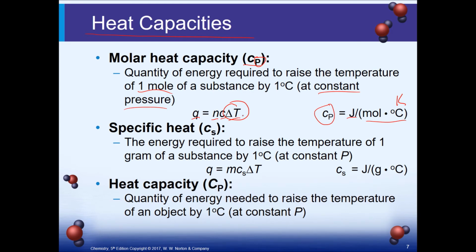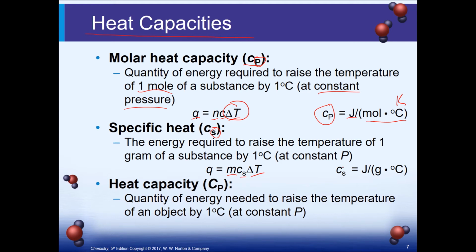The other type of heat capacity that you'll commonly encounter is specific heat capacity, or just specific heat, which is given the symbol lowercase c with a subscript of S. This is the energy required to raise the temperature of 1 gram of a substance by 1 degree Celsius, once again at a constant pressure. It has the equation Q is equal to the mass multiplied by the specific heat capacity times the change in temperature.